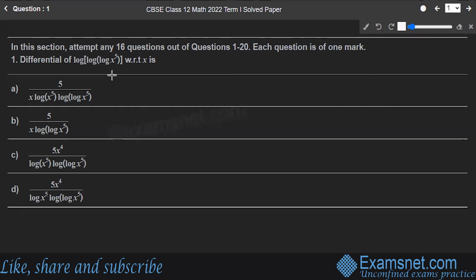All right, let's go. Differentiate log of log x raised to power 5 with respect to x. This is a pretty easy question. Don't get confused with this log thing.